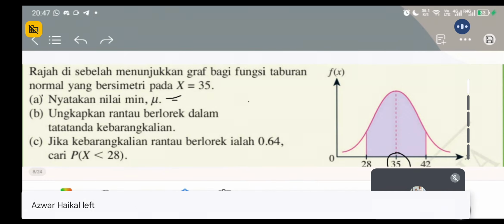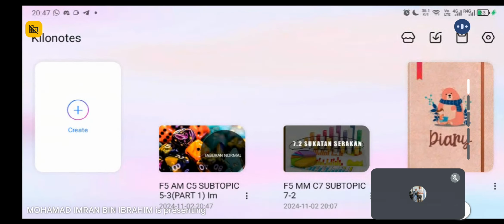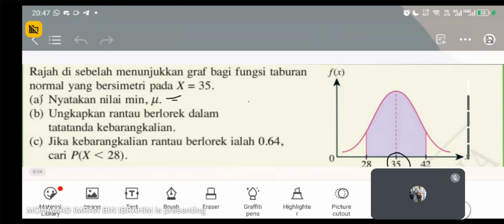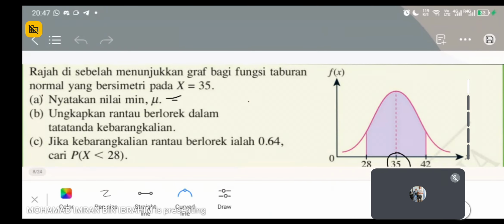So we go to the second question, which is: express the shaded region in probability notation. How you do this is simple actually, but you need to really understand.